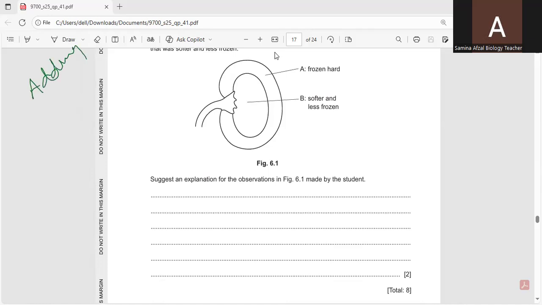Adding a solute to a solvent lowers the freezing point.